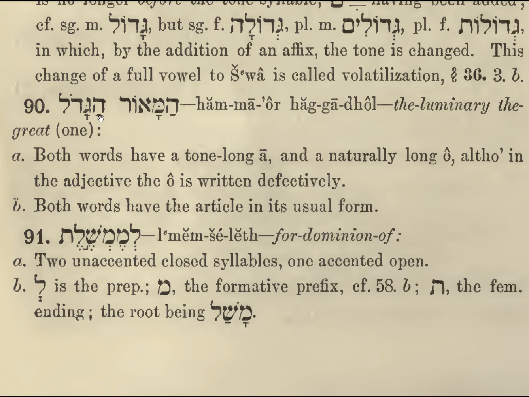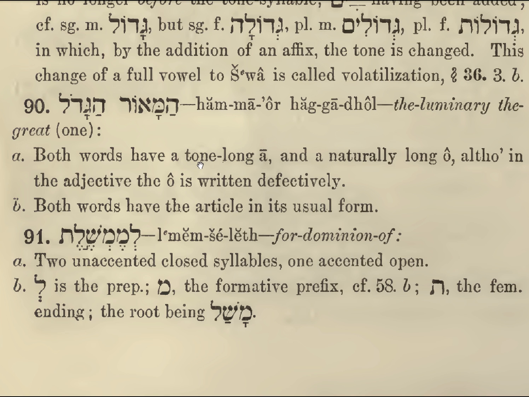Ham maor hag gadol. Here we have dagesh forte, the usual patah, ham and hag. Maor gadol. So the luminary, the thing that gives light, the big one.